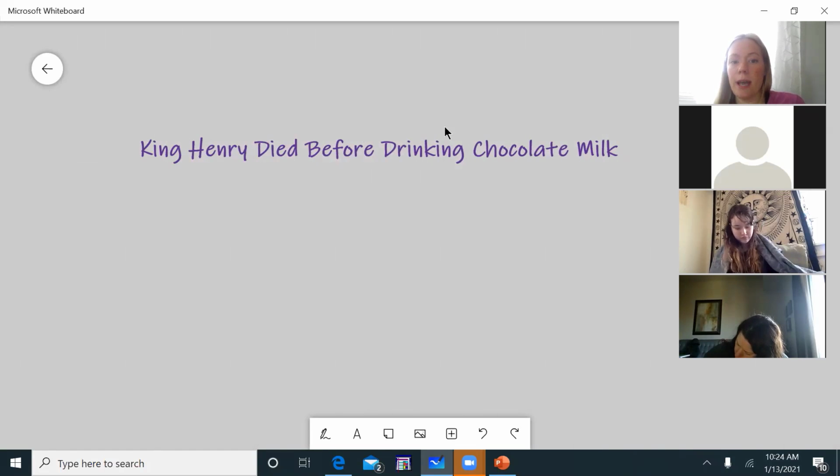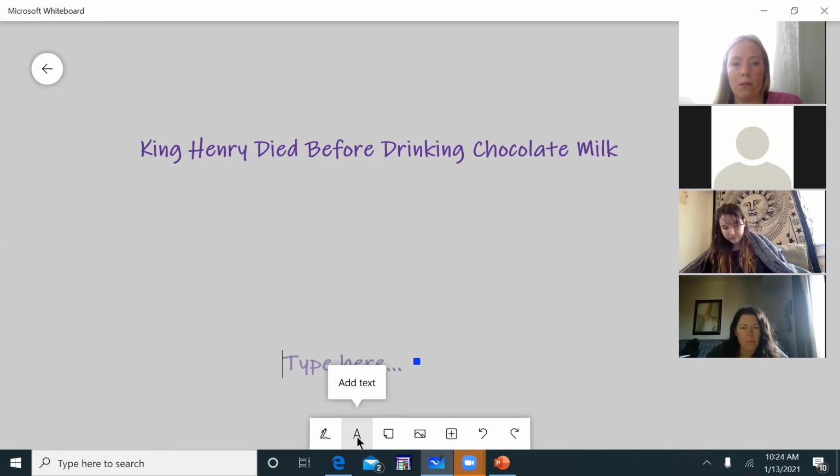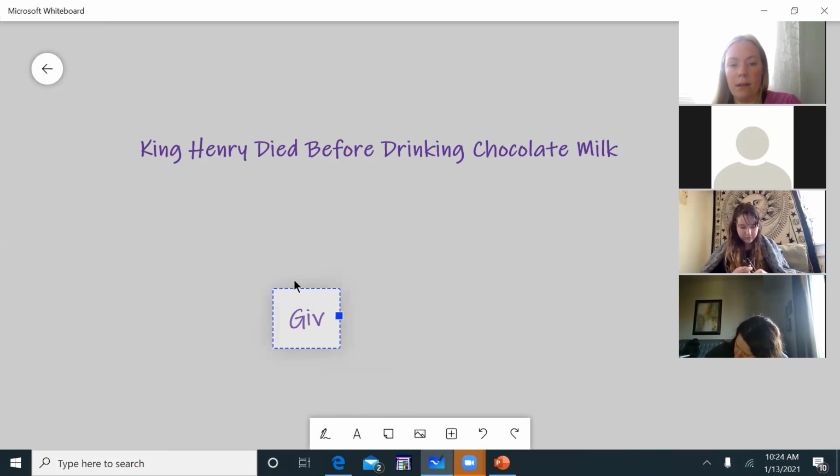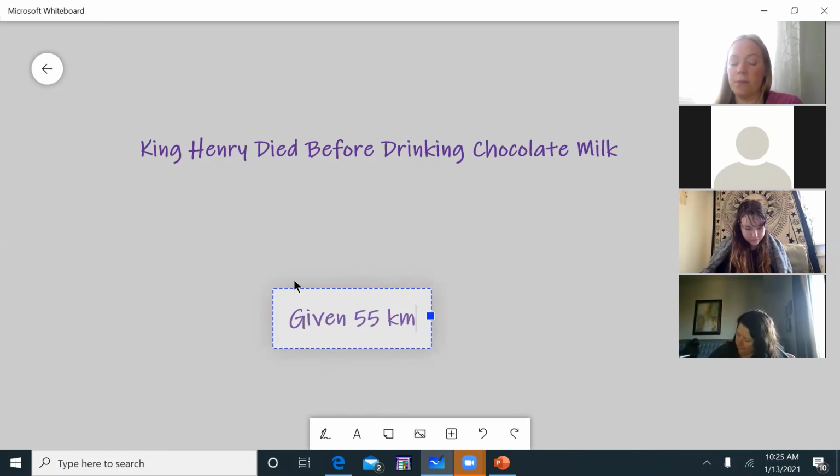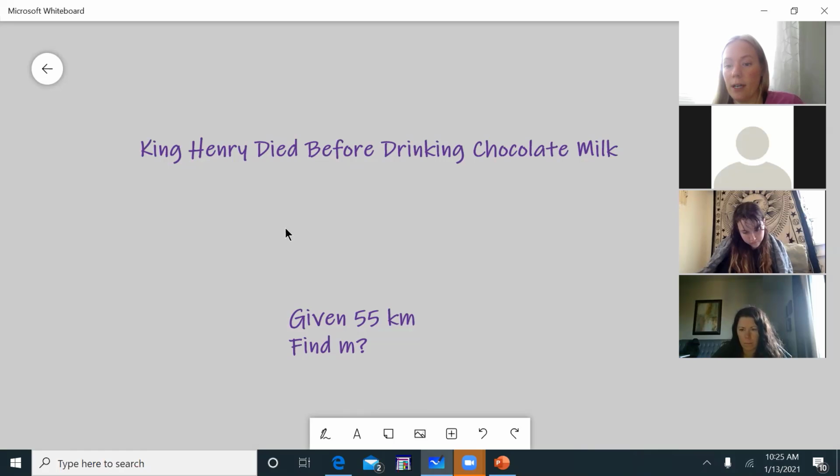This thing, if it's written out like this, I like it because it makes converting between values really fast. Let's say that we're given 55 kilometers, and I want you to find this in meters. How many meters are in 55 kilometers? Well, kilometer is going to live over here at king. I want to get to meter.